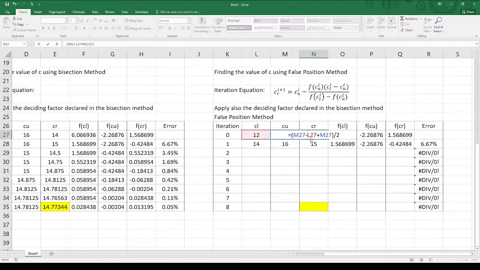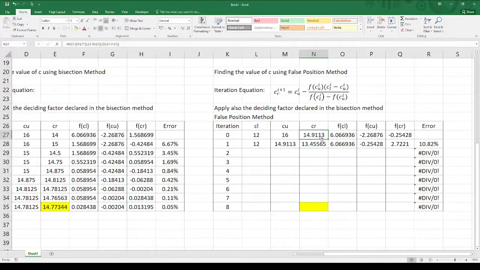CU minus parenthesis, parenthesis pa yun, that is F of CU times the difference between CL and CU, and close parenthesis, divided by open parenthesis F of CL minus F of CU, close parenthesis, then close parenthesis. So that should be it.